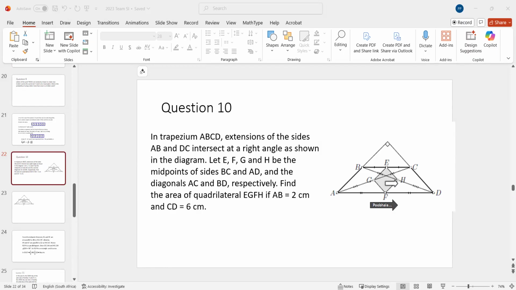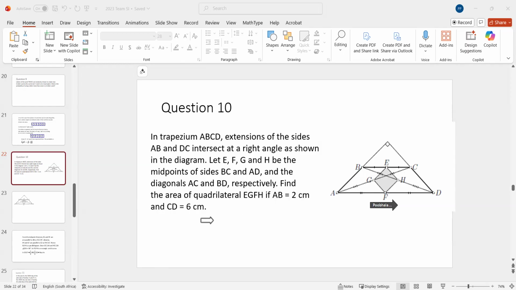You got the midpoints chosen there, and G is the midpoint of this diagonal, and H is the midpoint of BD. So you got four midpoints, right? And then some of these are joined, and the question is, what is the area of this quadrilateral that is formed by joining the four midpoints? So you need to find the area.